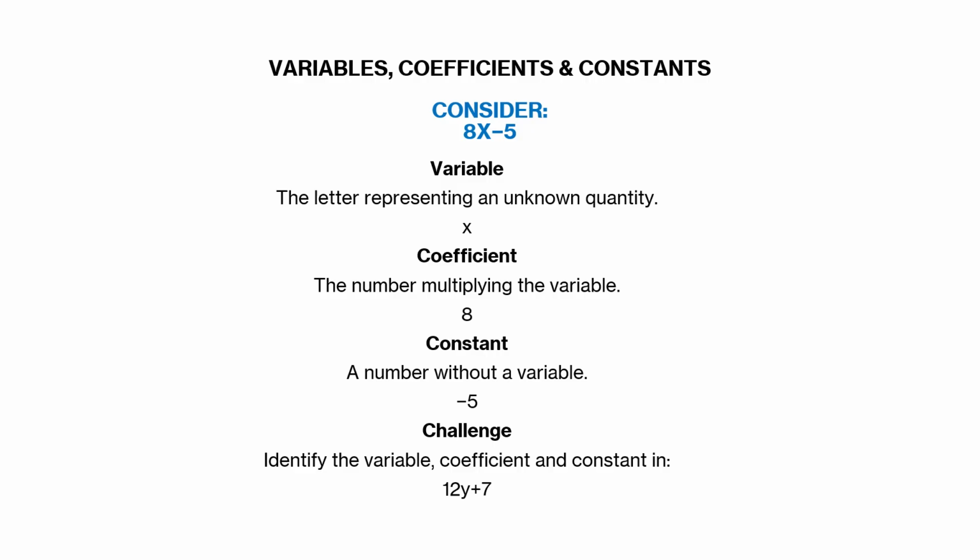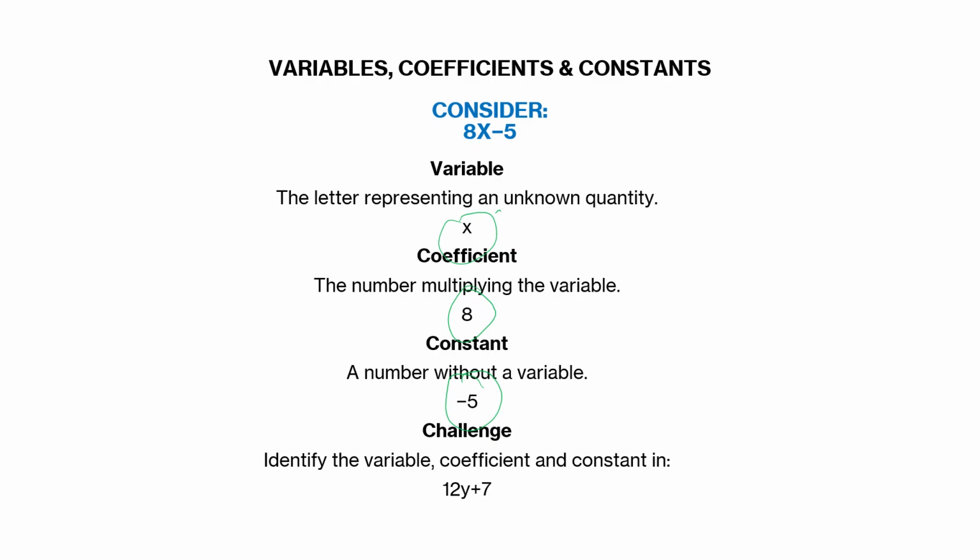Let's move on to variables. We already know variables, coefficients, and constants. So considering 8x minus 5, the variable is x, and then the coefficient is 8, and we have our constant to be negative 5.